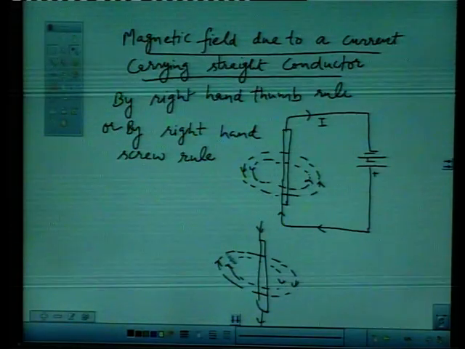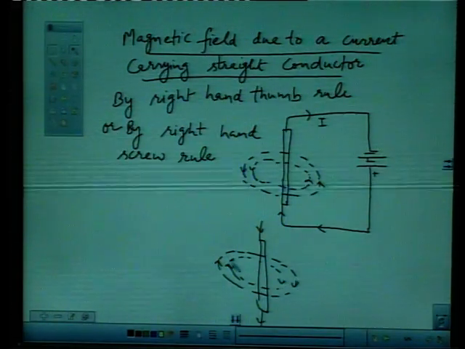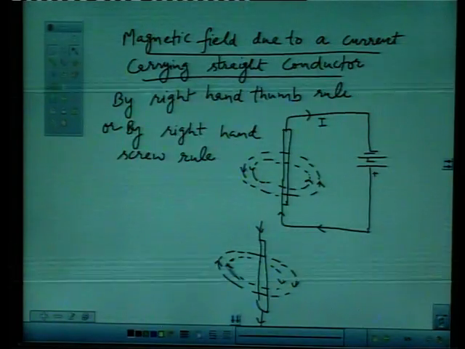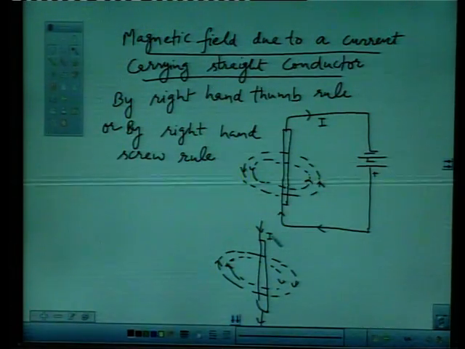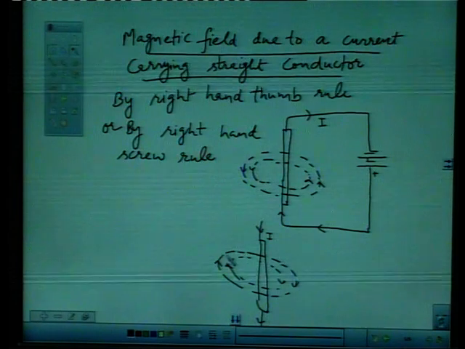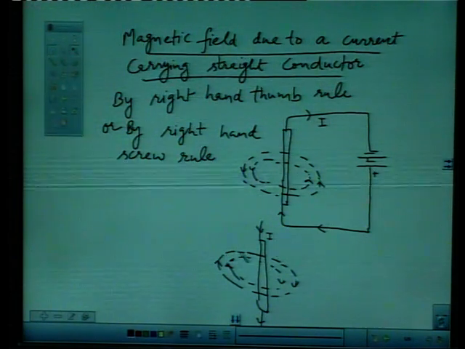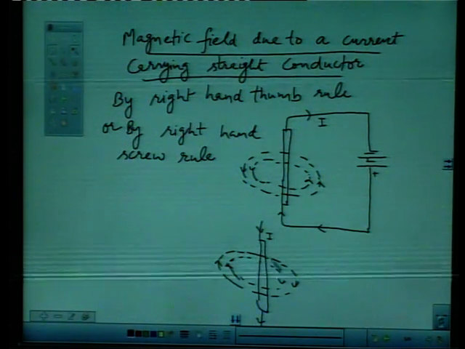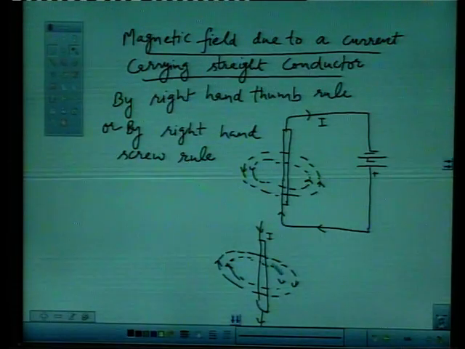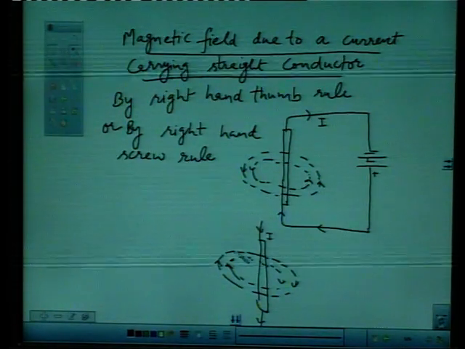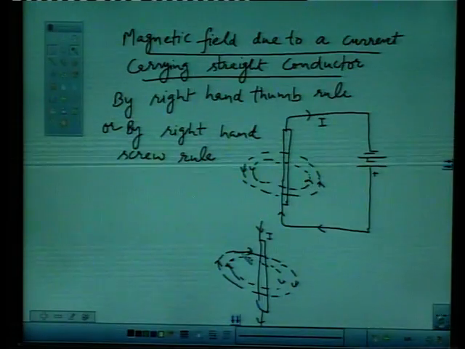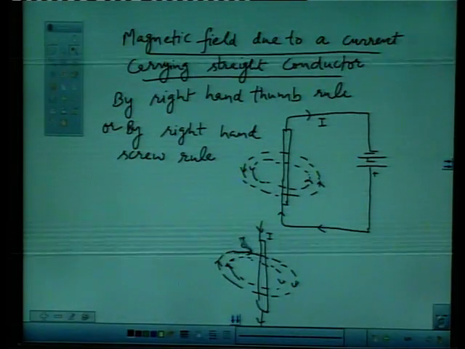So, this is the direction of magnetic field lines of force around this current carrying conductor, which is carrying a current I. At any point of this magnetic lines of force, we can find the direction of magnetic field. We can draw a tangent at any point which gives us the direction of magnetic field.